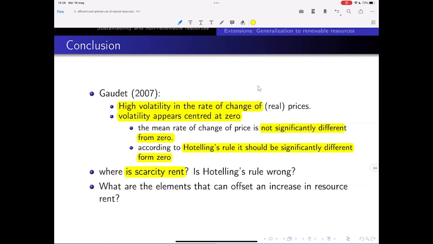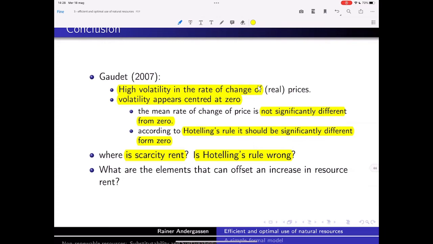It makes kind of sense, so the resource gets scarcer and scarcer as we are going to use it, because it's available only in a finite amount, and therefore the price should increase, and this should lead to a scarcity rent. So is there something wrong with our model? So the question therefore is, is there something wrong with the Hotelling rule?